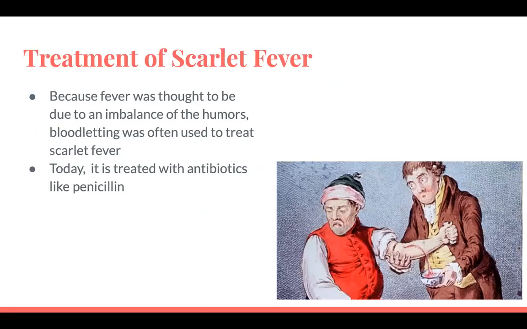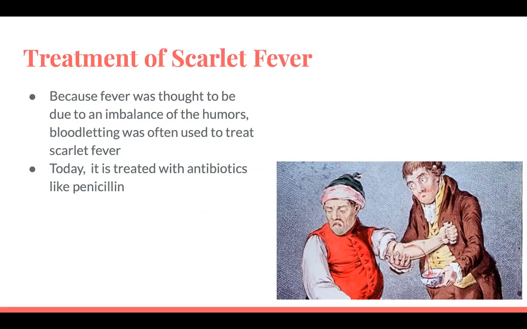This picture here you will see was an artistic rendition of bloodletting, which was a common procedure used to treat diseases, especially when imbalances in the four humors were a prevalent thought cause of disease. So during these 19th century outbreaks, they often used bloodletting to treat scarlet fever as a way to restore the four humors.